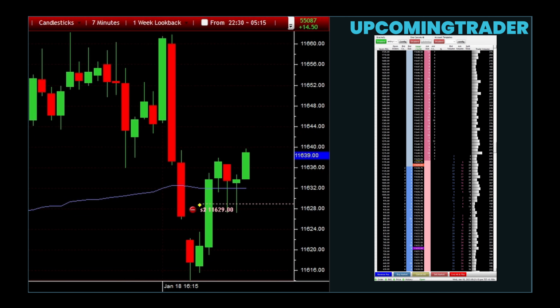Another interesting pattern to consider is volume clustering. Volume clustering occurs when high volume nodes are close together in a tight range. This usually suggests a strong zone of accumulation or distribution, which can act as a significant barrier for price movement.